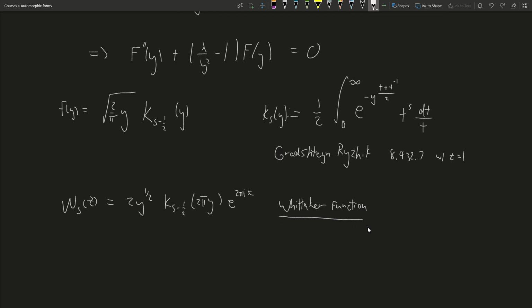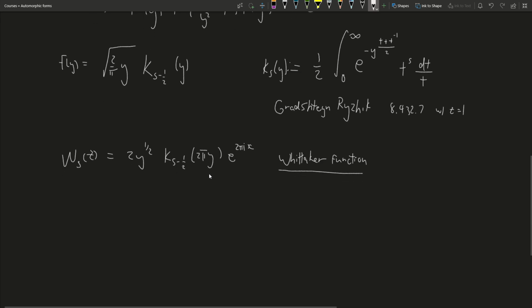And there are other Whittaker functions that come up in other circumstances when you have a different partial differential equation. So Whittaker functions are a more general thing, but the Whittaker function that we're interested in is this. Now, there's a second solution, but it grows exponentially, and so it's not going to be relevant for us. So we're going to ignore it.